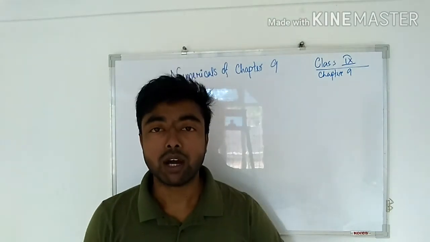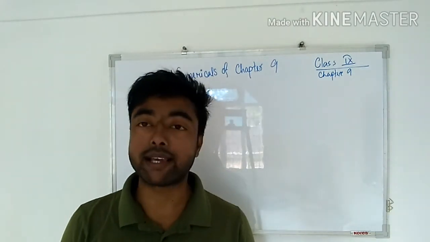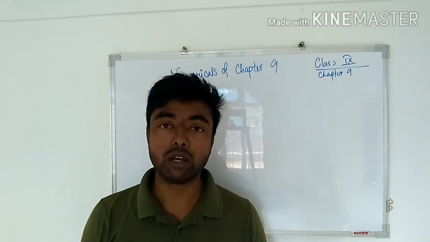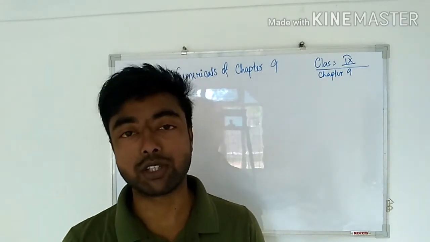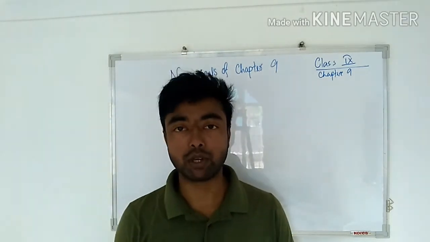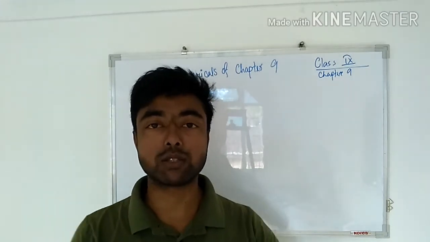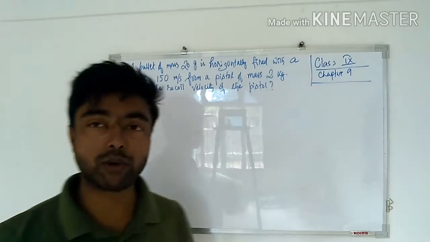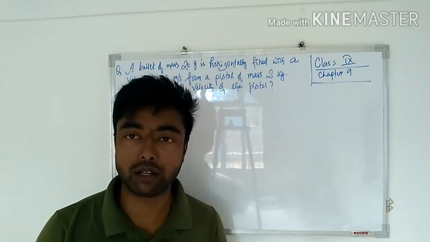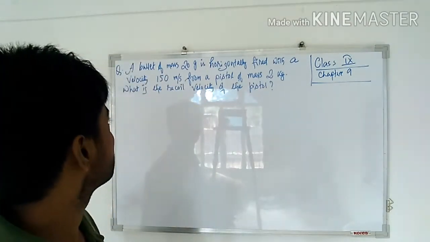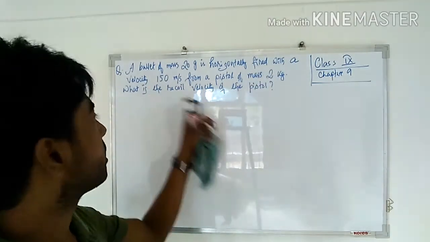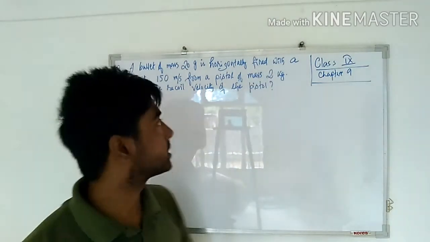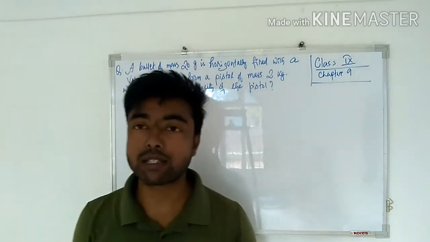So now I will start with an example given in the book, from the conservation of momentum principle. Those numericals we are going to do first. Question: a bullet of mass 20 gram is horizontally fired with a velocity of 150 meter per second from a pistol of mass 2 kg.